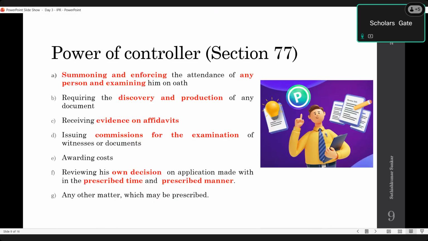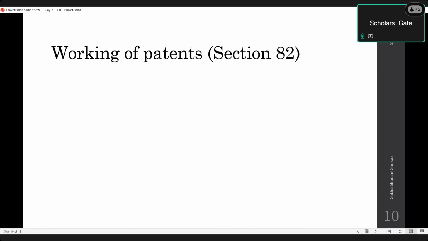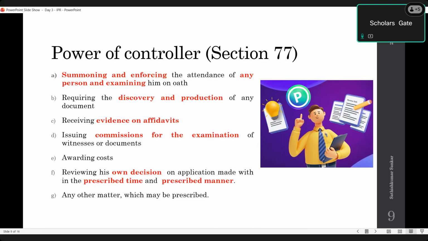Now, the power of the controller. There are different types of powers. The controller has full power of summoning and enforcing the attendance of any person and examining him on oath. The controller has the right at any time to call any inventor.